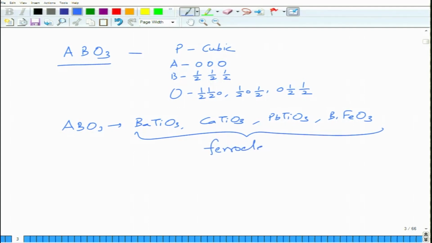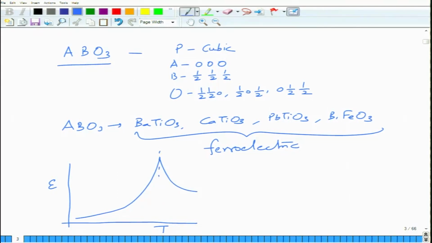Ferroelectric materials undergo a Curie transition, that is, their dielectric constant varies as a function of temperature, and it undergoes a maxima, an anomalous increase, at a temperature called Tc. This Tc is called the Curie transition.